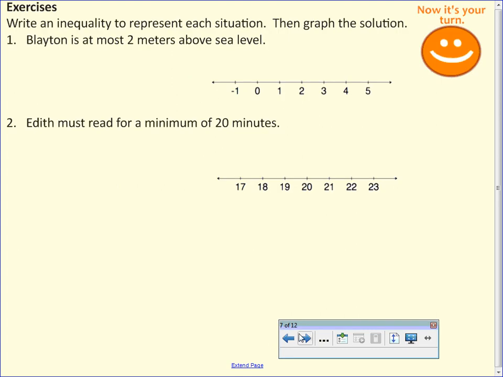All right, let's still try 1 or 2 together, and then you could try some on your own. Blatant is at most 2 meters above sea level. Go ahead, write your inequality and graph it. All right, let's go over these.